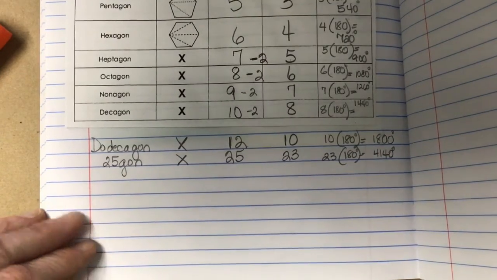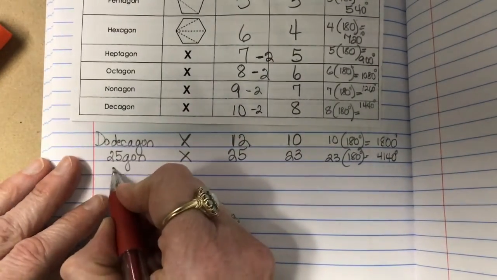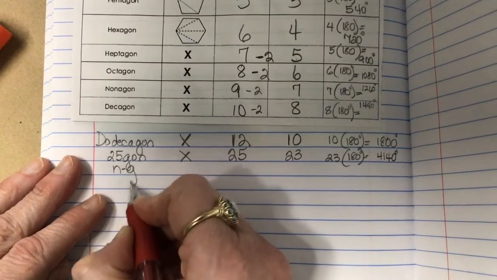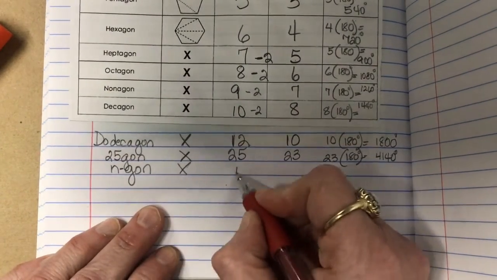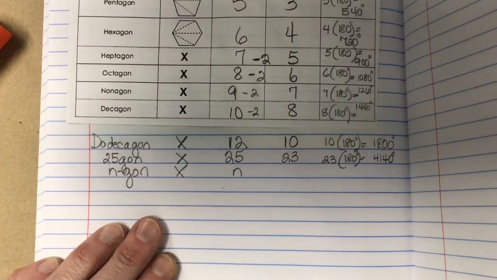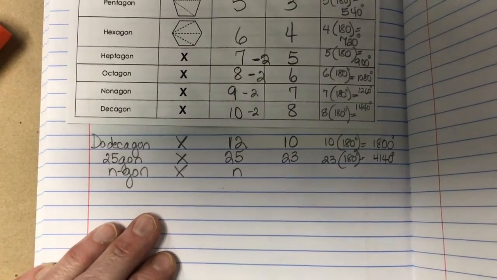Okay, now let's make an algebra problem out of it. N-gon. I think they do put a dash there. Now that's a generic. If a 25-gon has 25 sides, how many sides does an N-gon have? N. Yeah, it's just a generic.